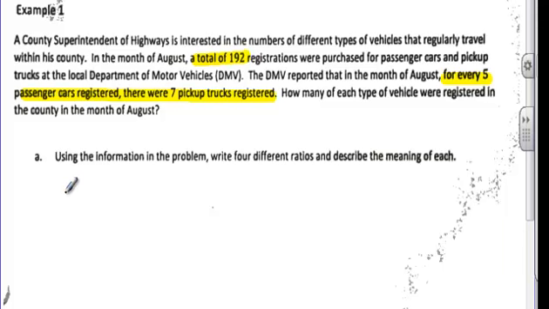Part A, using the information in the problem, write 4 different ratios and describe the meaning of each. Well, we have cars to trucks, and we had a ratio of 5 to 7. We also have trucks to cars.